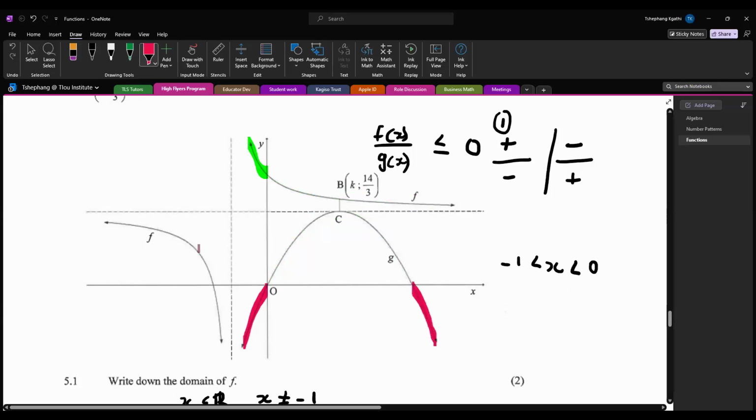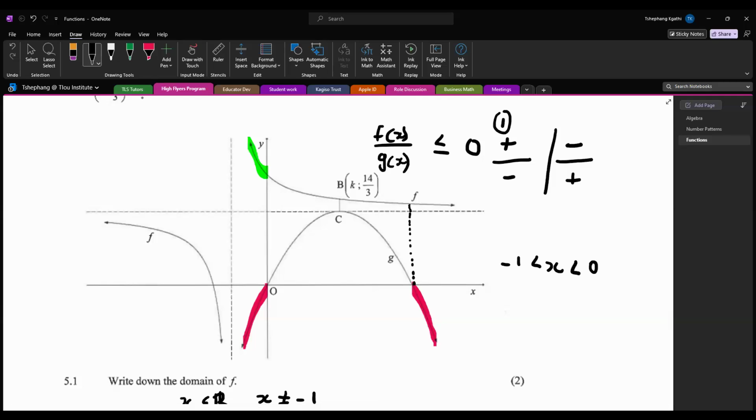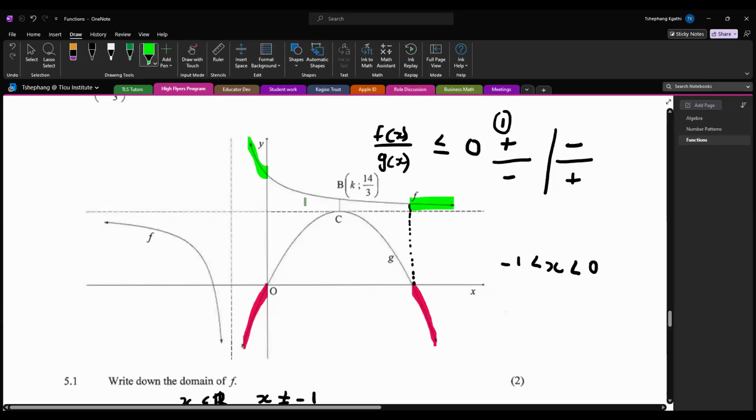Negative. Okay. Let me just take it up a little bit. So if this dotted line is parallel to the y-axis at that point, then I have this kind. So this is positive, and that also works. Now, don't I know this?